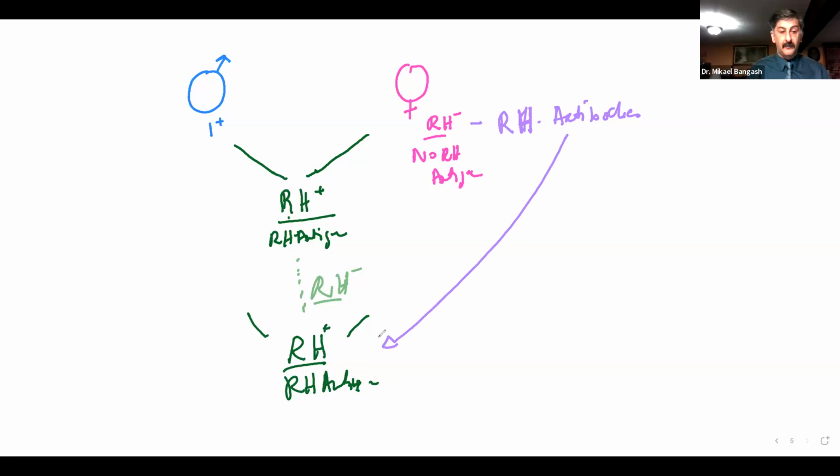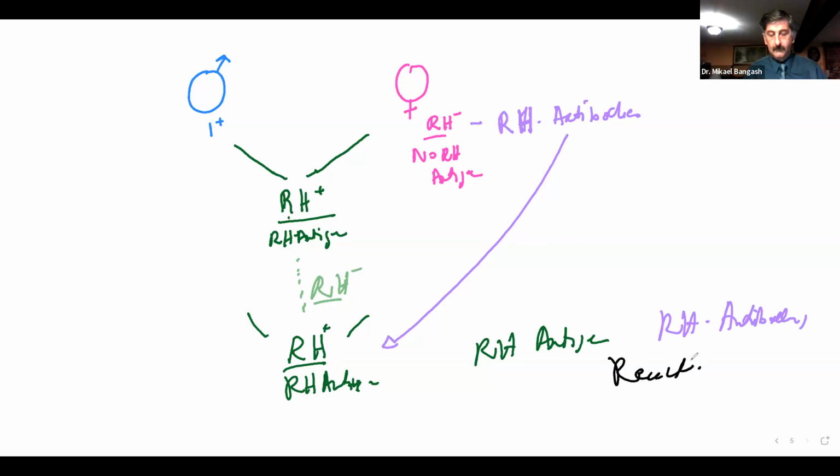So what we will have is an Rh antigen and Rh antibody reaction. Did that make sense?